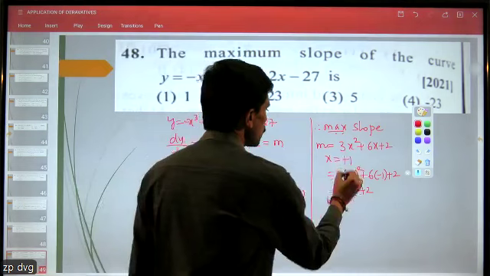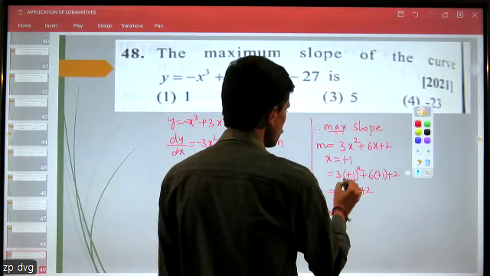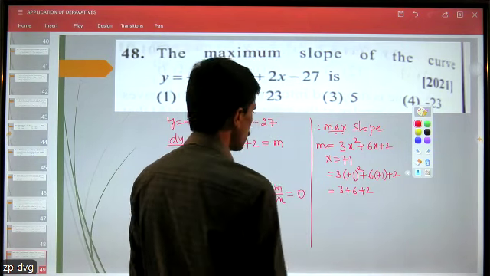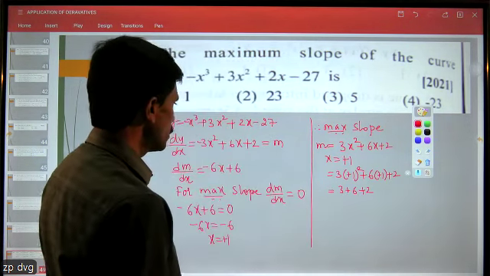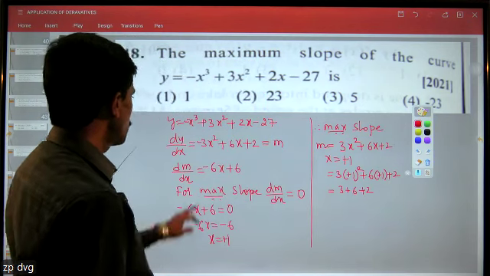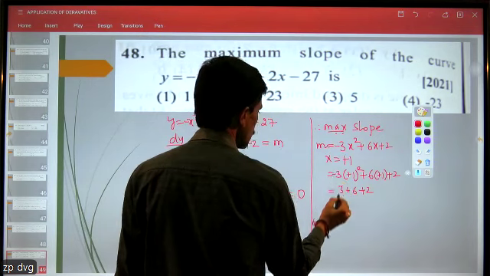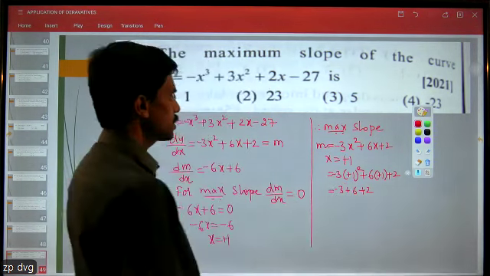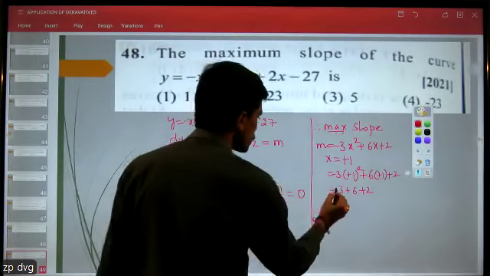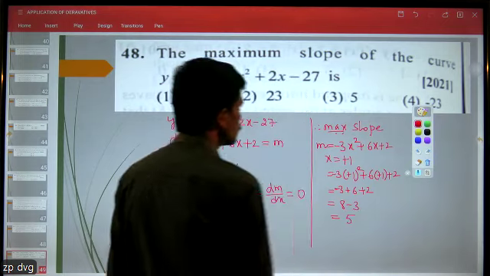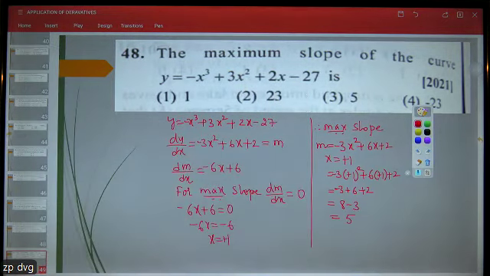We substitute x equal to plus 1 here, we get the maximum slope: minus 3x square is there here, minus 3 into 1 square, minus 3. 6 plus 2, 8. 8 minus 3 we get finally. So 8 minus 3 is equal to 5. So the answer is option 3.